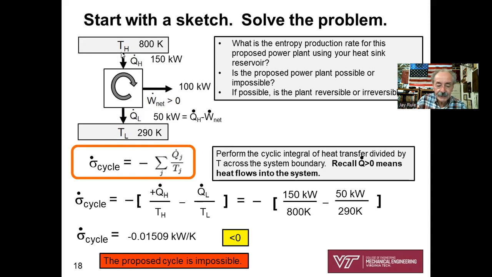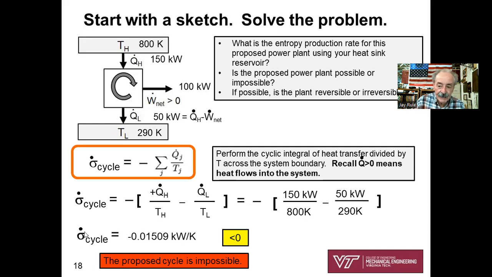Let's work on the heat inflow first: 150 for Q dot H, T H is 800. Second bracket term, heat is leaving, so negative Q dot L divided by T L, negative 50 over 290. Plug and chug. Get on your calculator. Do the work. Don't overlook that minus sign.